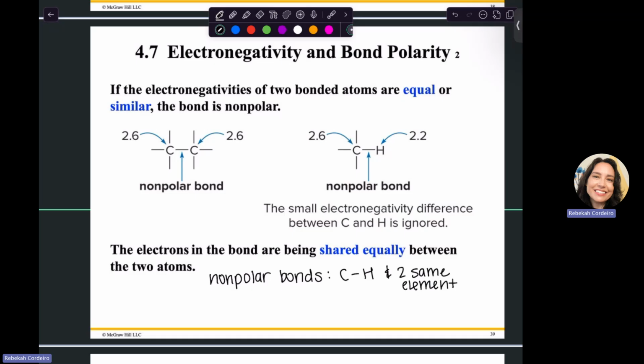So if it's two of the same element, or CH, we can consider that bond nonpolar. It means it's going to be shared equally. So the electrons are being shared equally. Nobody's pulling, nobody's winning the tug of war. It is just an equal sharing of electrons because the electronegativities are so similar.